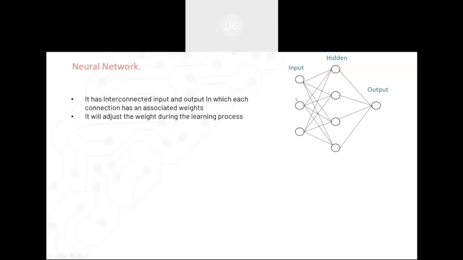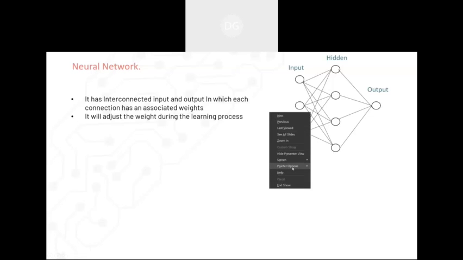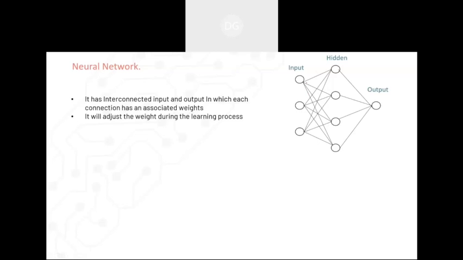The connections you are seeing are called the weights. Each connection will have some weight, and by adjusting the weights our model will start learning. It is an architecture where each layer is stacked on the other.